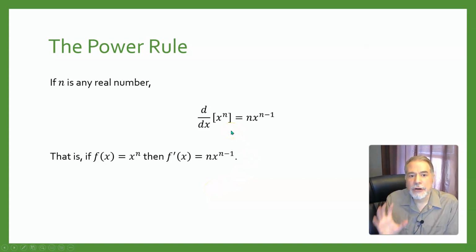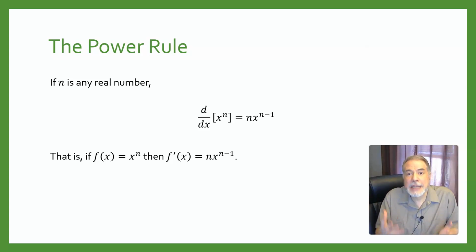Now I've written it with the letter n standing for the power, and you may be used to n standing for a whole number or an integer. And this rule is sometimes presented where the power is a whole number or an integer. It's a lot easier to prove this if you just focus on what happens when you have x to a whole number power.